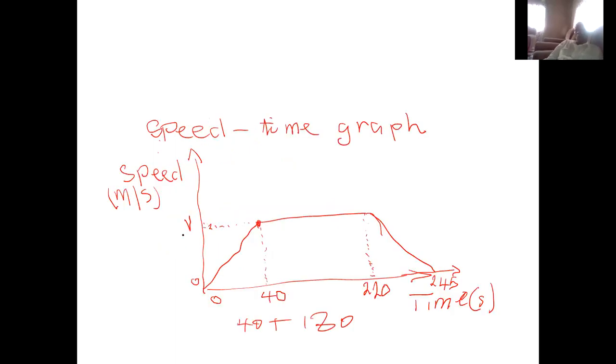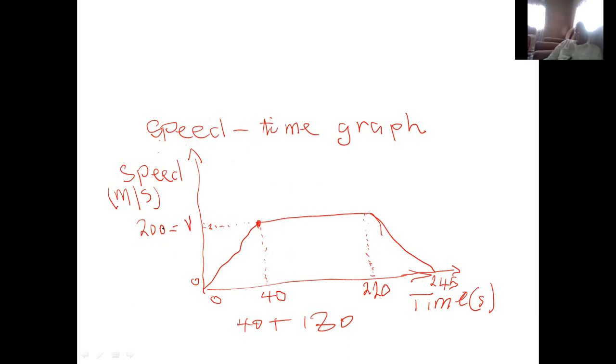So we can now say our velocity here is 200. Okay, and so meaning that now we have fully drawn our speed time graph.